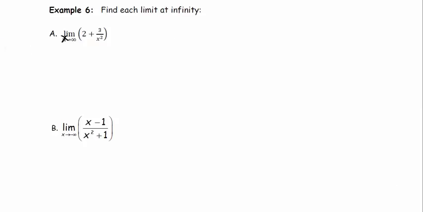Now remember this infinity is right down here. What I'm going to show you in the next few examples, you can only use if x is approaching infinity or negative infinity. So I'm going to break this up into the limit as x approaches infinity of 2 plus the limit as x approaches infinity of 3 over x squared.